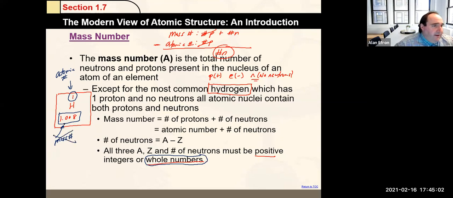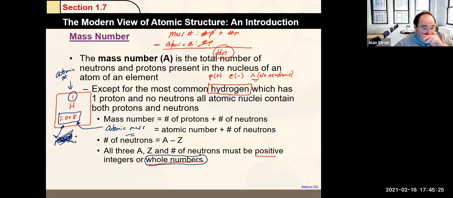If you look on the periodic table, all the numbers underneath the elements are not whole numbers. There are a lot of decimal numbers. So importantly, the number that we see on the bottom of the periodic table is not the mass number. It is what is known as the atomic mass, which we'll talk about in a later chapter, the atomic mass of the element.